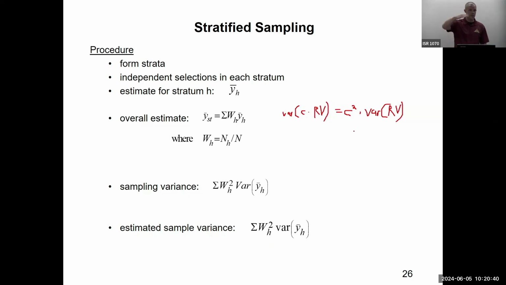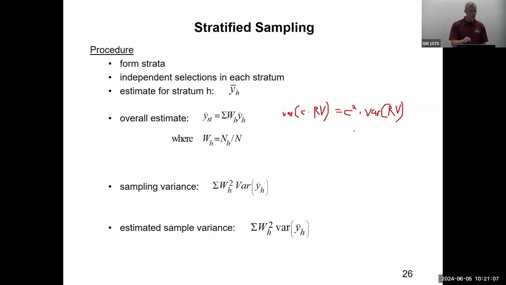If those strata are mutually exclusive and independent, the variance of the sum is the sum of the variances. Within each stratum, the variance is the constant squared times the variance of that random estimate, which varies from sample to sample. That gives rise to the formula you saw on the previous page, if we were doing simple random sampling within each of the strata. And we would estimate that in practice with the data that we actually collect from a given sample.